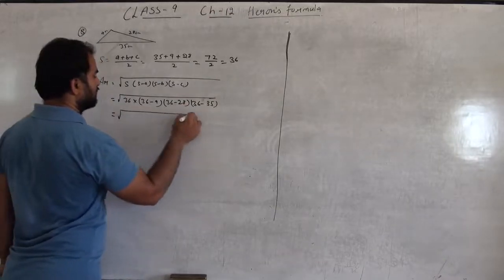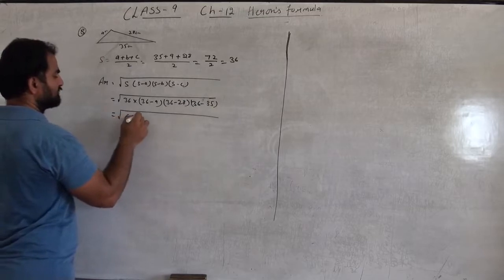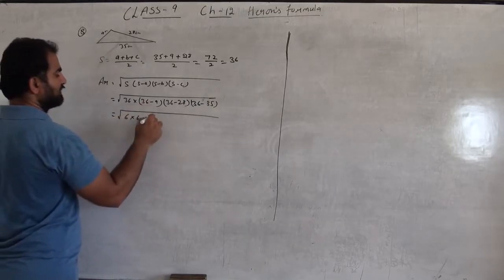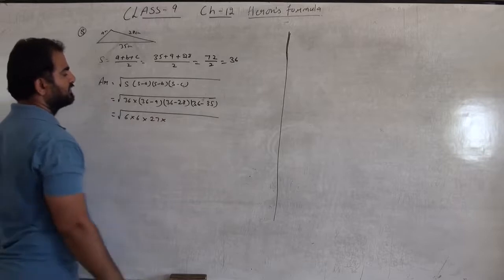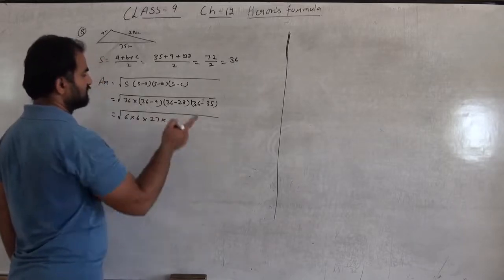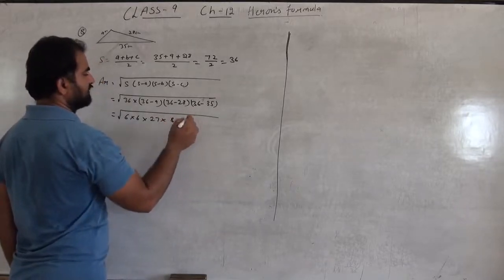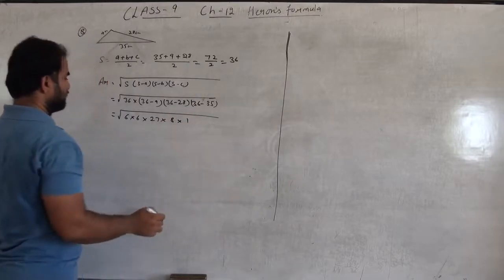Okay, so root 36 will be 6 into 6, 36 minus 9 is 27 and 36 minus 28 is 8 and 36 minus 35 is 1.